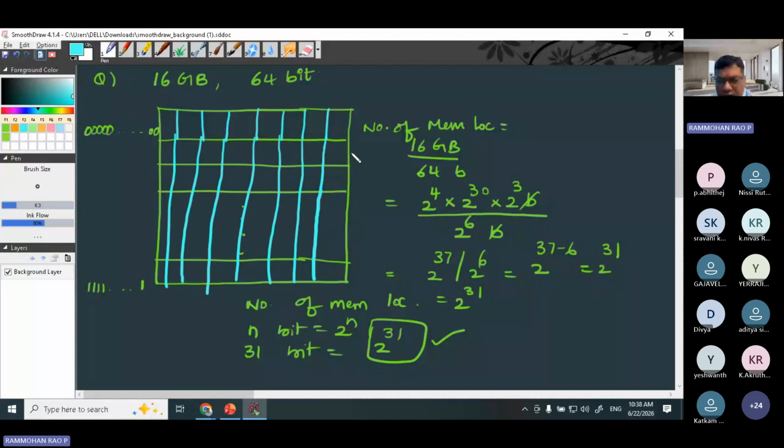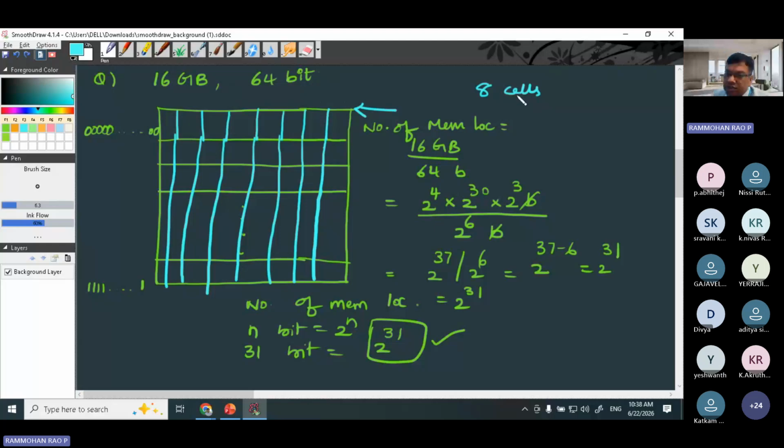So in each row, in each memory location, how many cells did we get? How many bytes did we get? We got 8 cells. We count in this direction, right to left: first, second, third, fourth, fifth, sixth, seventh, eighth. So 8 locations we got. Now for 8 bytes, I should generate a unique address.